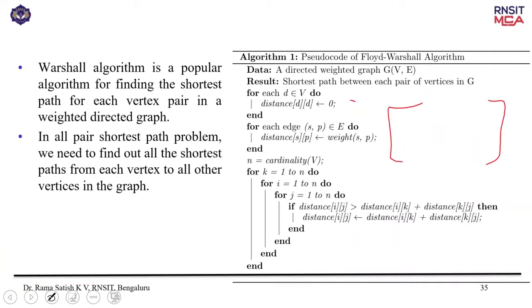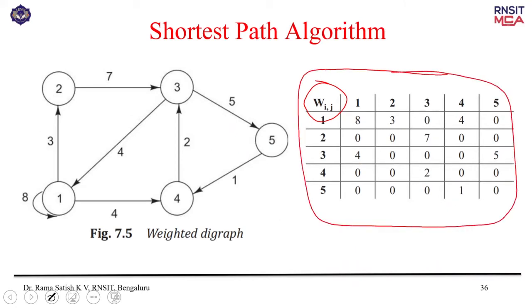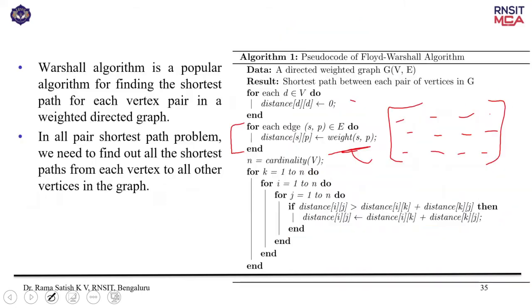And now, what are the initial weights you have? All those initial weights, you just record them. You record all the weights in the distance matrix using the weighted adjacency matrix. So create the distance matrix.